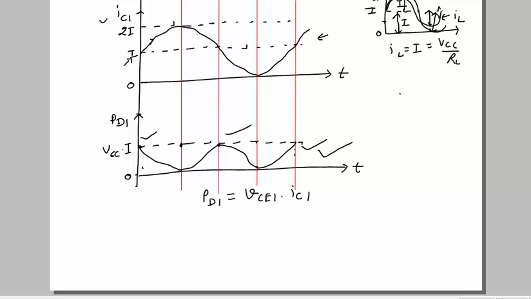Now, see, IC1 equals IE1 equals I plus IL. The value of IL depends on RL.